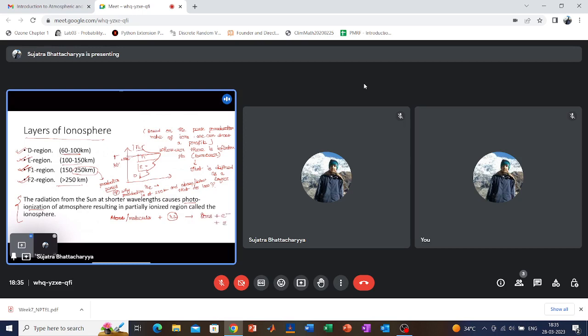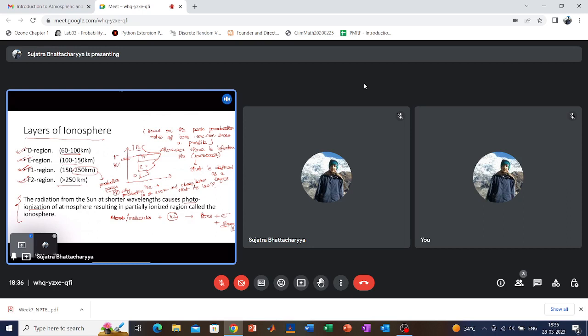Sometimes some energy is also released. So this is the production of the ionosphere, where the ions and electrons are created using photoionization.